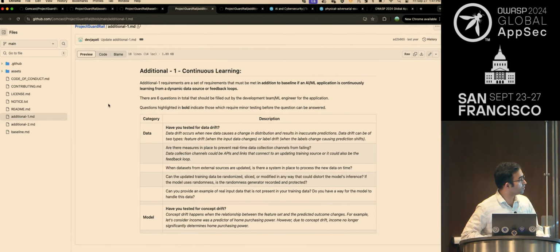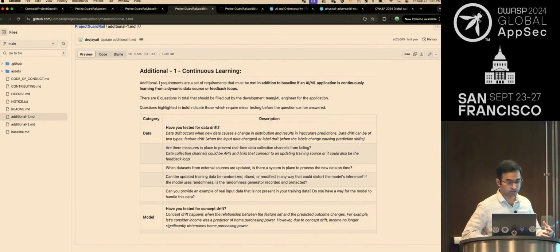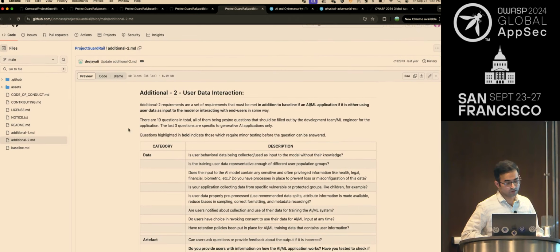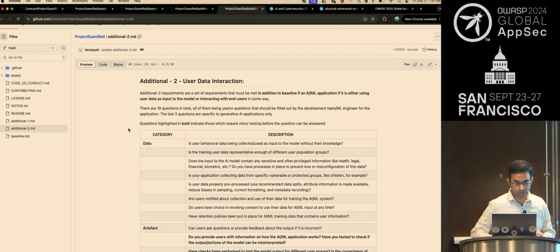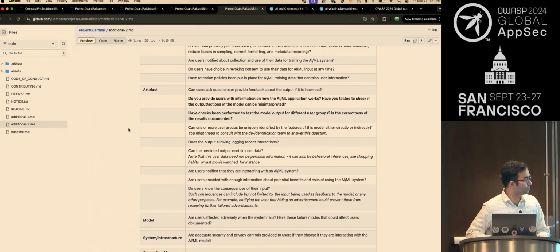If you have a continuous learning AI application, then these are some of the additional questions that can be asked. And finally, this one: if there is some user data interaction within the AI application, or if it processes user data, these are a set of questions that can be asked during the threat modeling.